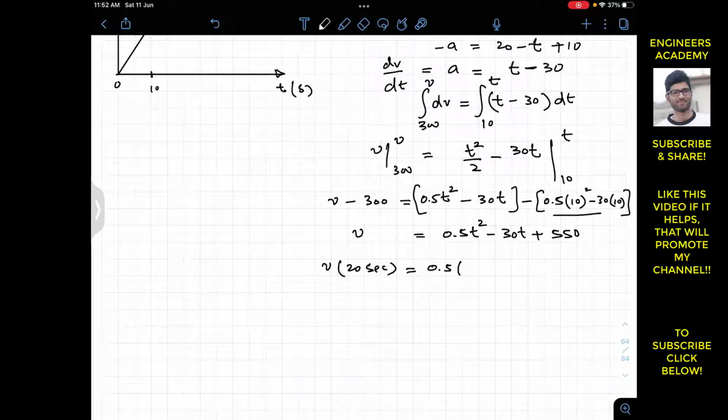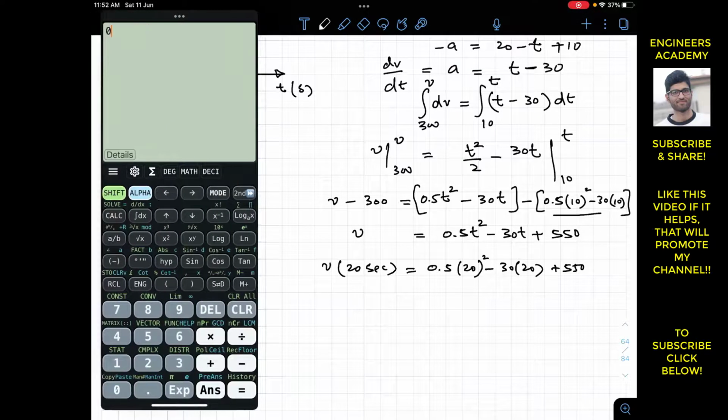So that will be 0.5 into 20² minus 30 into 20 plus 550. So this is 150. So the velocity at 20 seconds is 150.